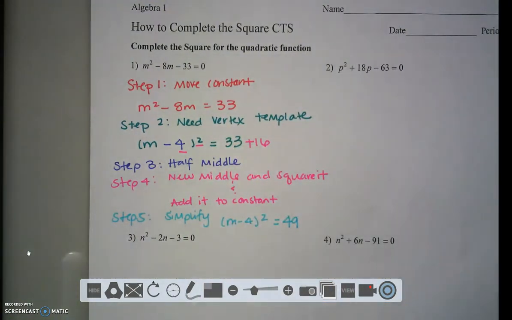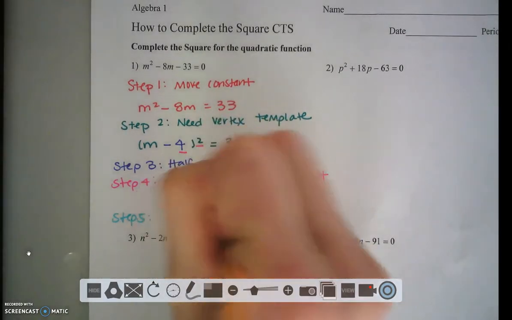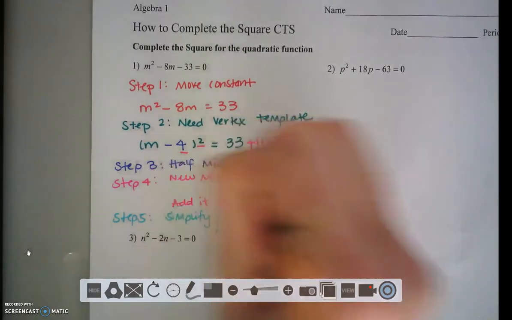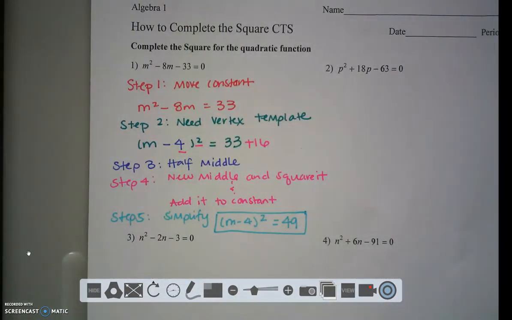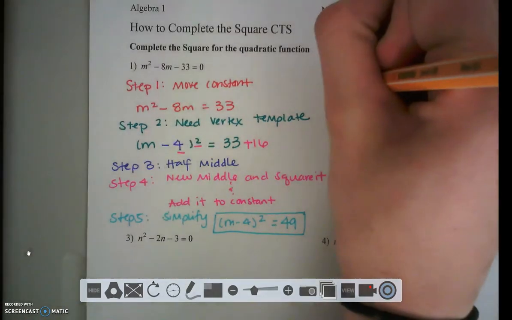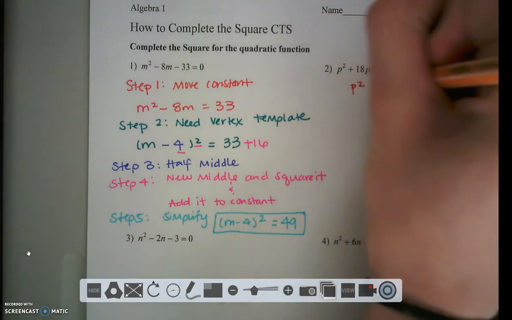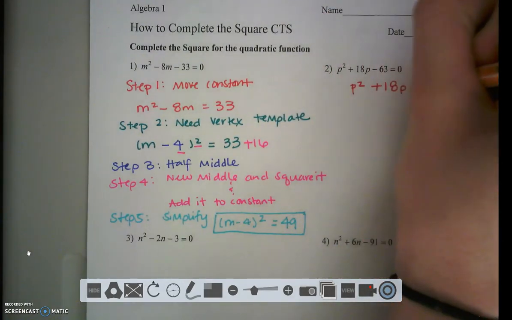And we have successfully completed the square. So let's follow the same process in number 2. So my first step is to move the constant. So this is going to be p squared plus 18p equals a positive 63.